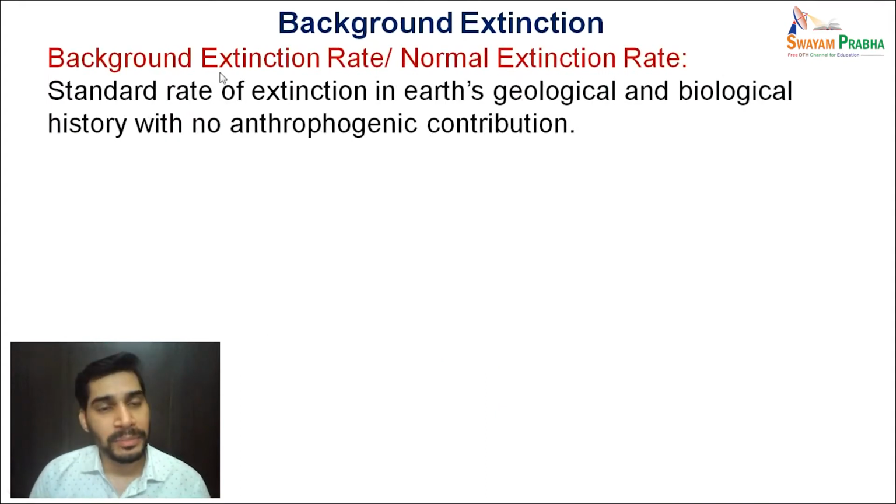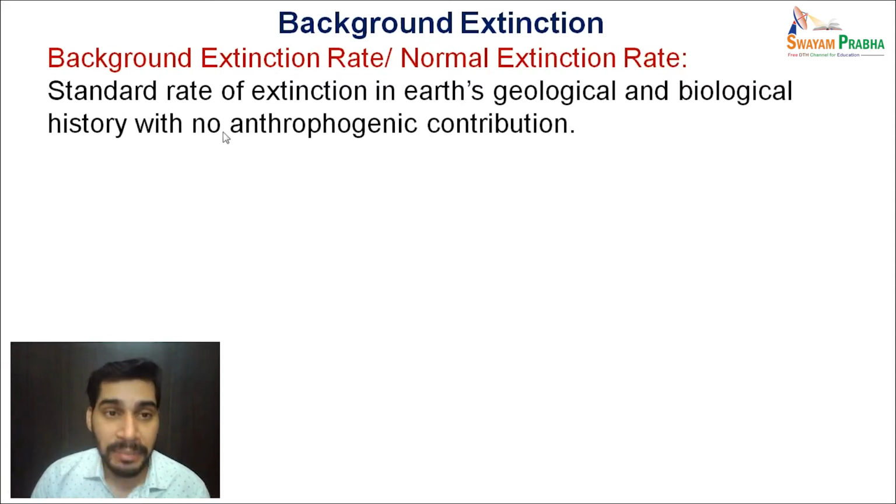Now, there is something called background extinction rate, or we also call it the normal extinction rate. This is the standard rate of extinction in Earth's geological and biological history with no anthropogenic contribution. Now, what do we mean by this?